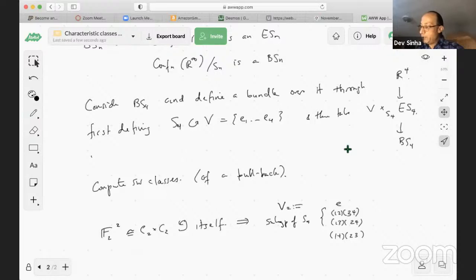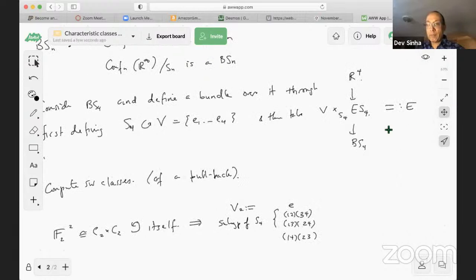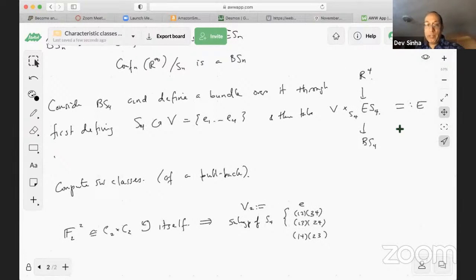And then let's now take this vector bundle E. Now let's pull back E to BV2, and analyze the pullback, or restriction if we use a model where it's a subspace, of E over BS4 to BV2.